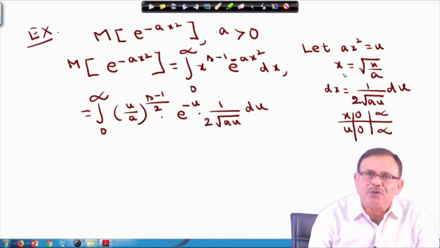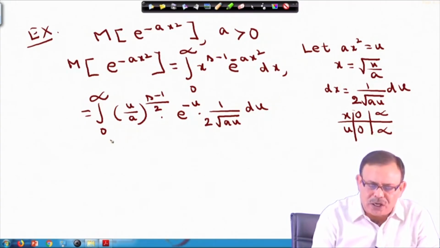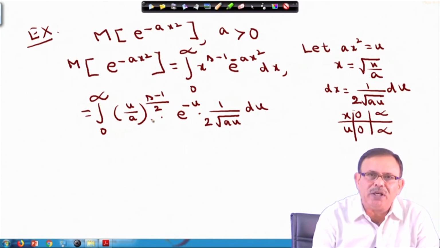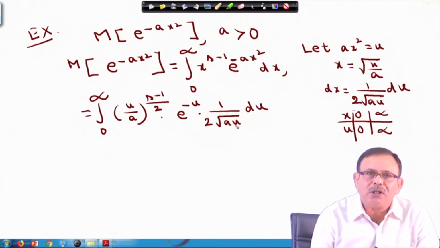So, by substituting a x square equals u, where x is root over u by a, and dx as found, the limits of u remain the same, 0 to infinity. So, this integral is 0 to infinity u by a to the power s minus 1 by 2 into e to the power minus u into dx, which is this quantity, 1 by 2 root over a u du.